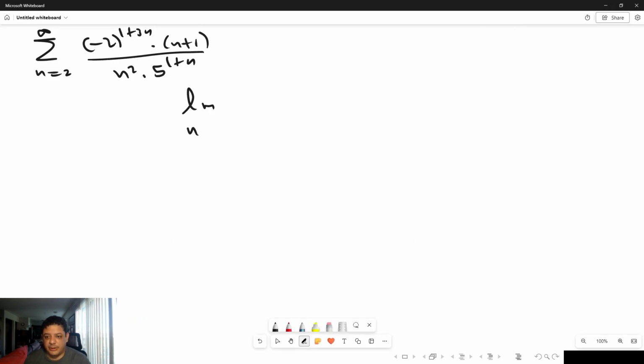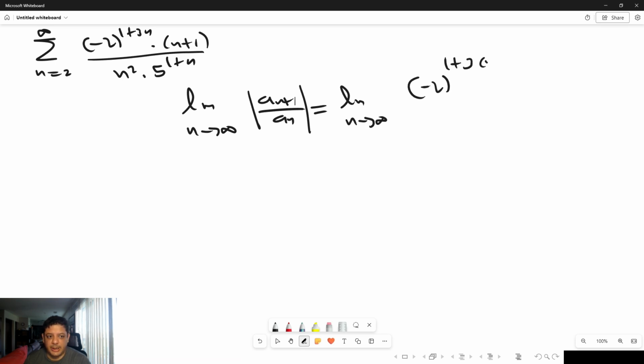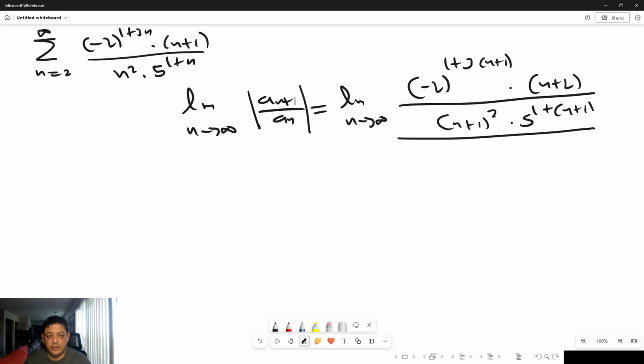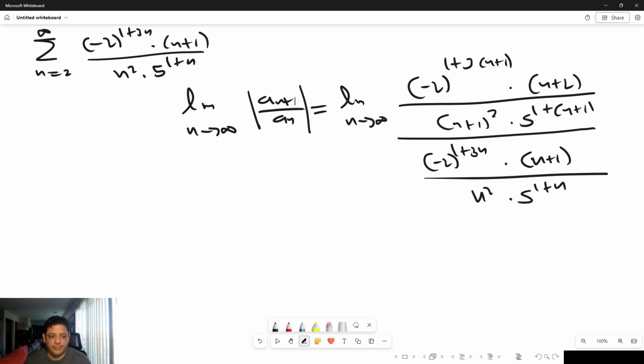So we have the limit when n goes to infinity of the absolute value of a_(n+1) over a_n. And that's going to be equal to the limit when n goes to infinity of minus 2 to the 1 plus 3(n+1), times n plus 2 over (n+1) squared, 5 to the 1 plus n plus 1, over minus 2 to the 1 plus 3n, n plus 1 over n squared, 5 to the 1 plus n.